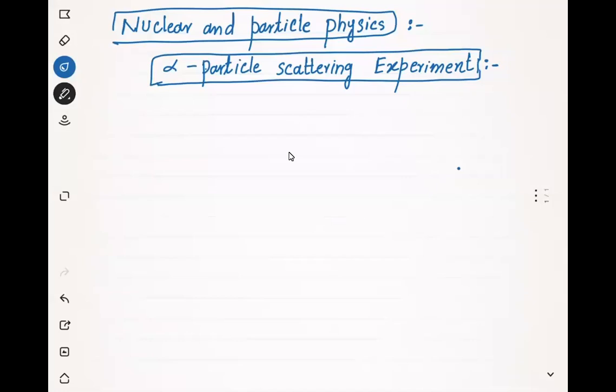The topic that we are going to do is the alpha particle scattering experiment. Now, first of all, what was the purpose of the experiment? We have to understand the purpose of the experiment first of all.